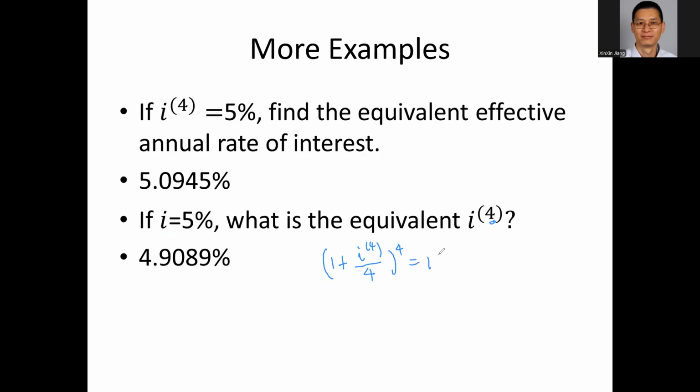That's 1 year, equal to 1 plus 0.05. So then you can solve for i(4). That equals 1.05 to the 1/4 power, that's the root function, minus 1, and then you multiply by 4. You can use the formula or directly solve this equation by algebra.